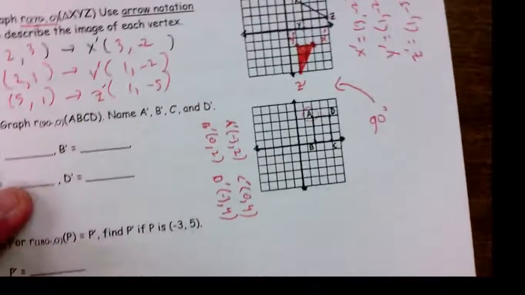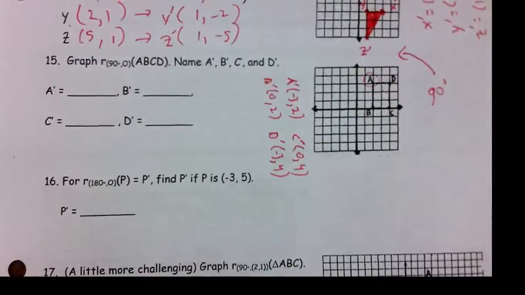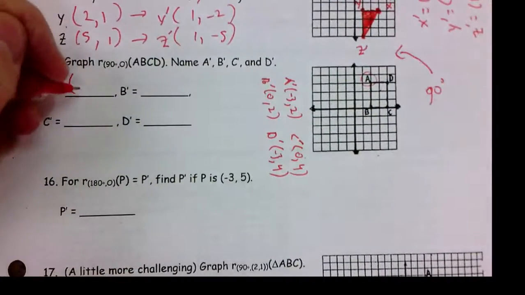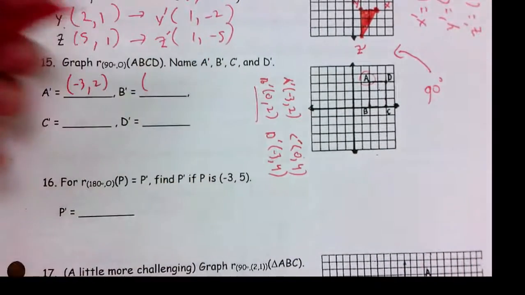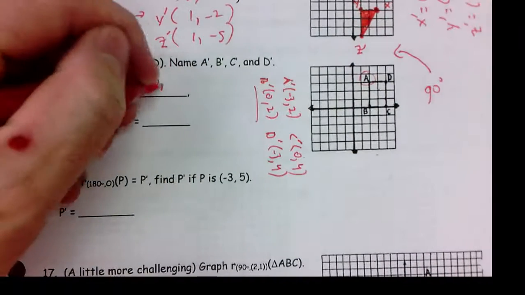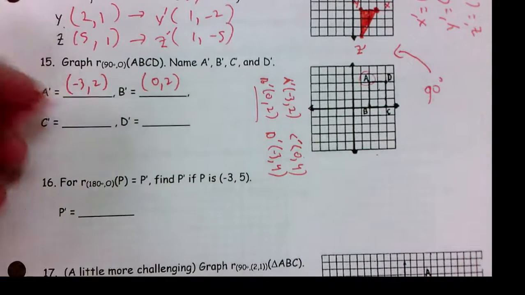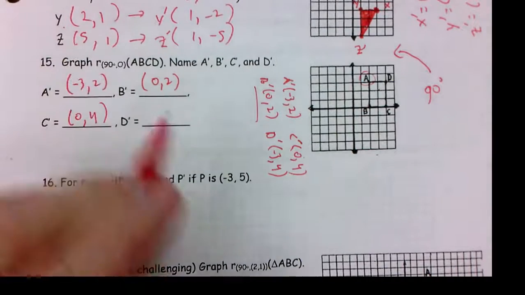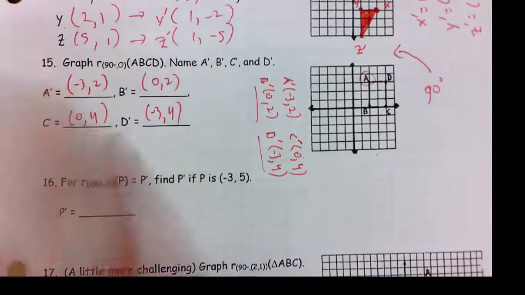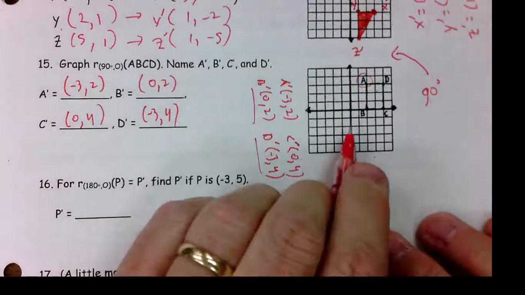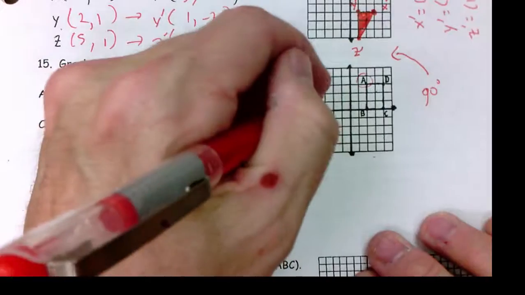So let's go ahead and rotate back. And let's go ahead and put those in the slots they belong, -3, 2. And B prime is 0, 2. And C prime is 0, 4. And D prime is -3, 4. And I was supposed to graph them, so A prime, -3, 2.